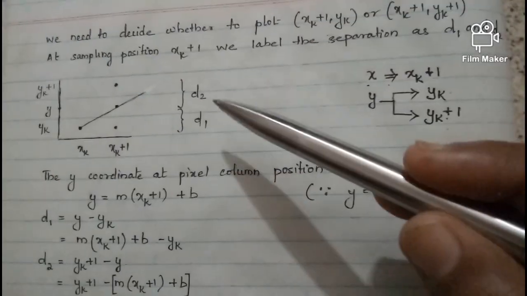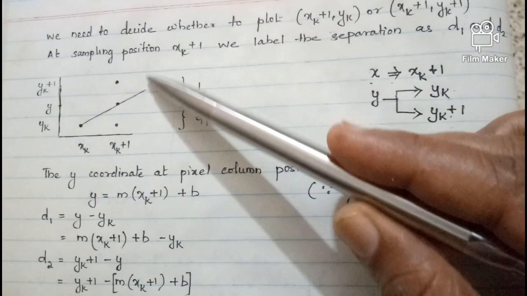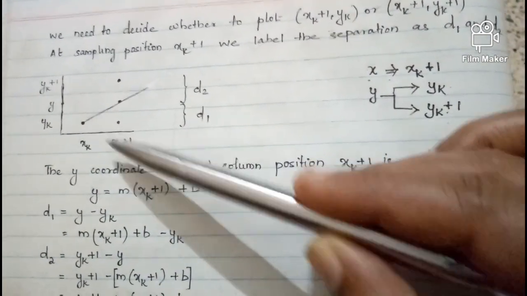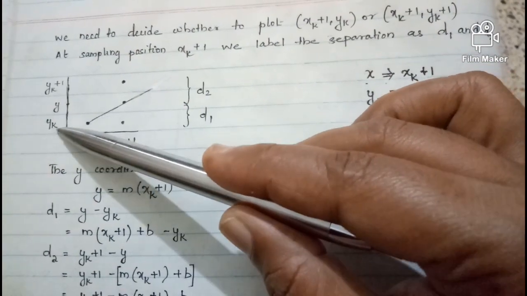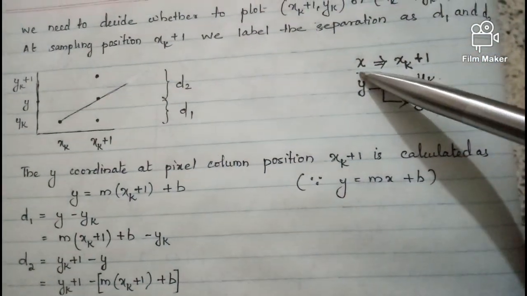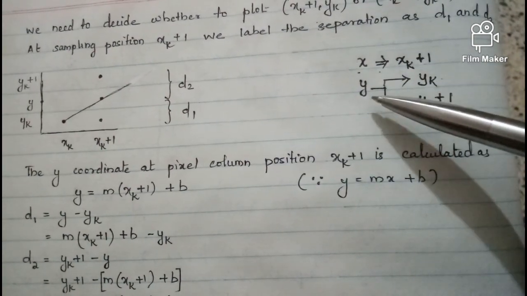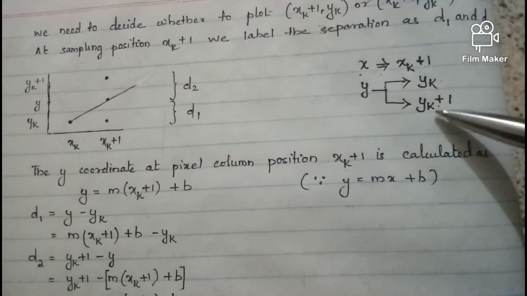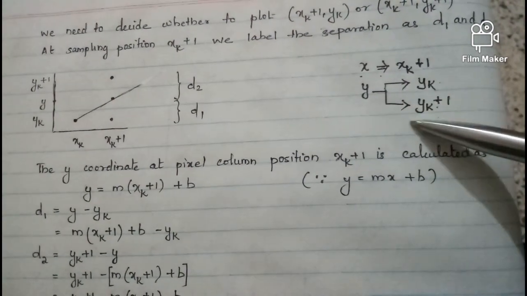Clear? From this, it is clear that the value of x is xk plus 1, but the value of y can either be yk or yk plus 1. So let us write it. X is confirmed as xk plus 1, but y can either be yk or yk plus 1. So this confusion needs to be solved.